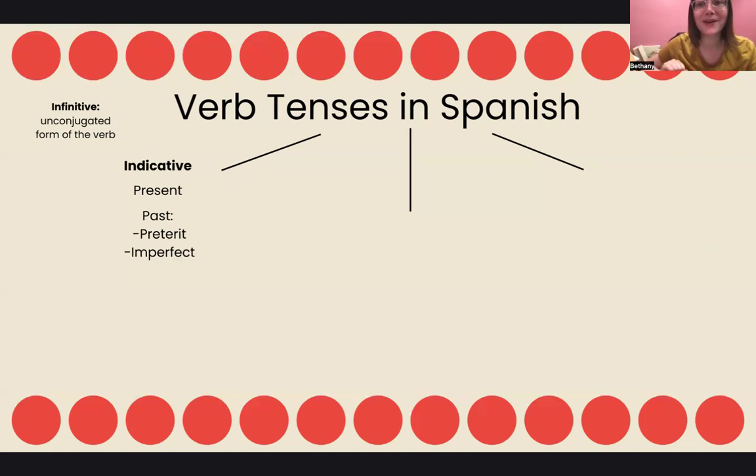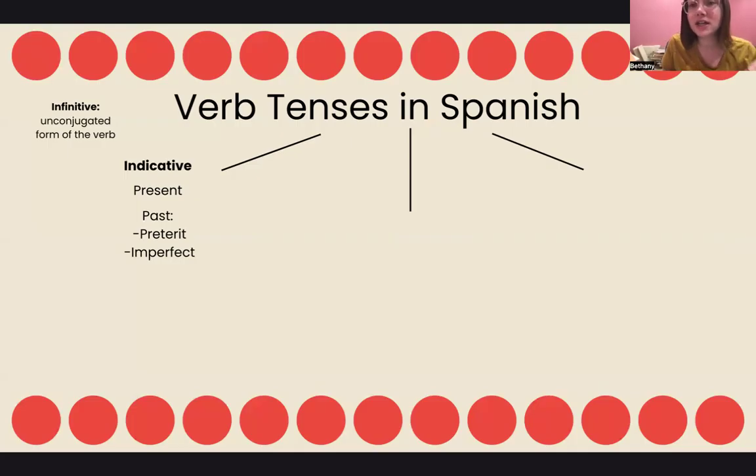The past, there are actually two different past tenses in Spanish, and each of them has its own conjugation and tense. There's the preterite tense, which is a past tense that has completed, and a lot of other things, and the imperfect, which is an ongoing action.